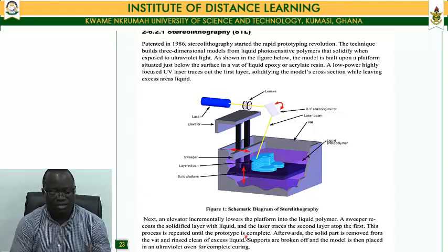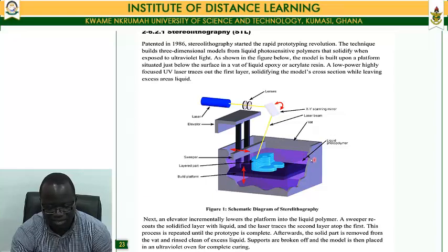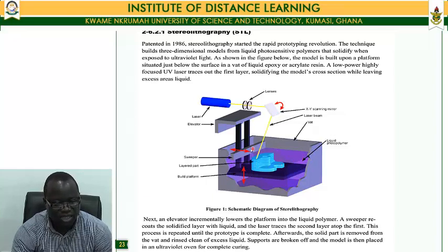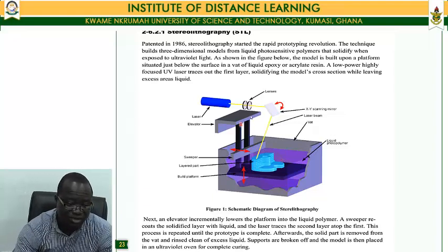Basically, you have the polymer in this layer, that's the liquid polymer here, and then you have a low power, highly focused UV laser, which is coming with the geometry of the part.